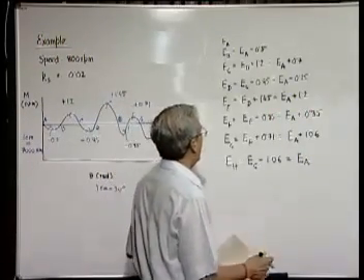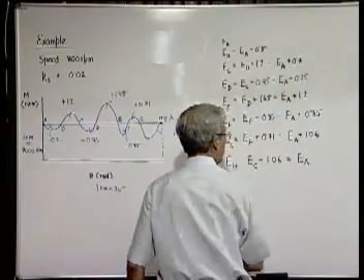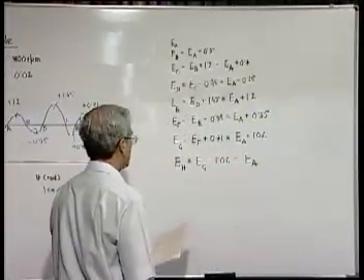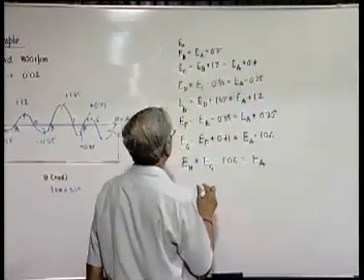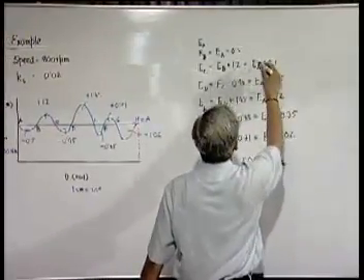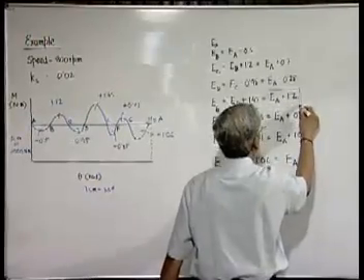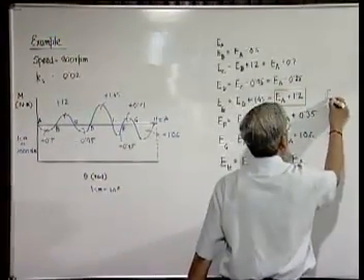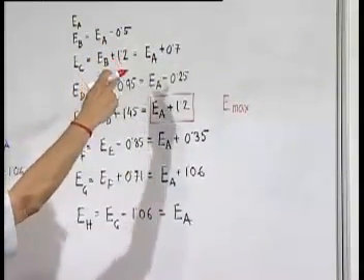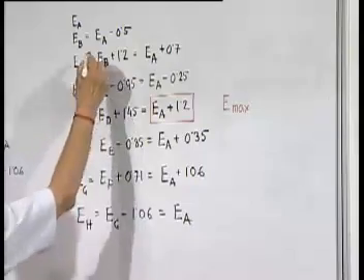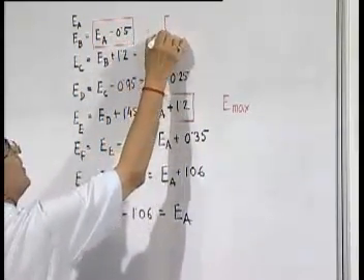Now let us see out of this which is the maximum and which is the minimum. It is not difficult to identify the maximum and minimum energy location. We can compare all the values EA, this, we find that this is E maximum and we can find this as the E minimum.